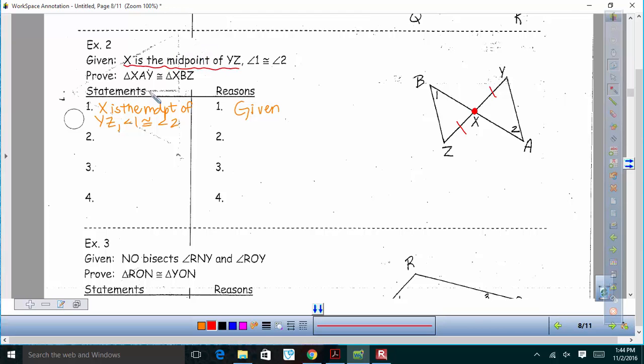No. So since it doesn't say it up here, I have to write it. So Y to X is congruent to X to Z. And what definition did we use? Definition of midpoint. It tells you in the given. Then it tells me that angle 1 is congruent to angle 2. Now, that's specifically stated, so we don't have to write that again.